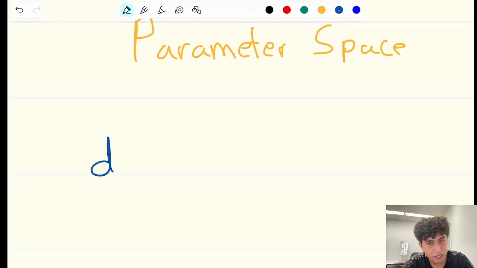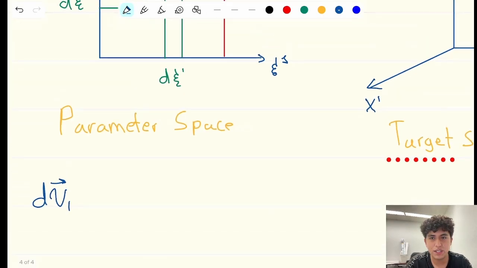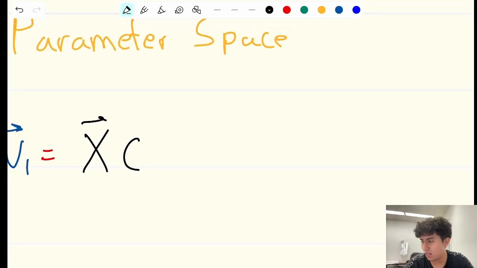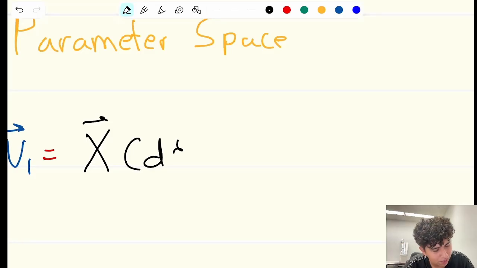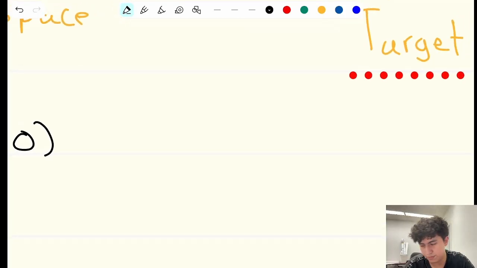First we have to relate this vector, db1, to the parameter space. The way we do that, using multivariable calculus, is that we evaluate our coordinates at small chunks, which is why we're using the differential notation.